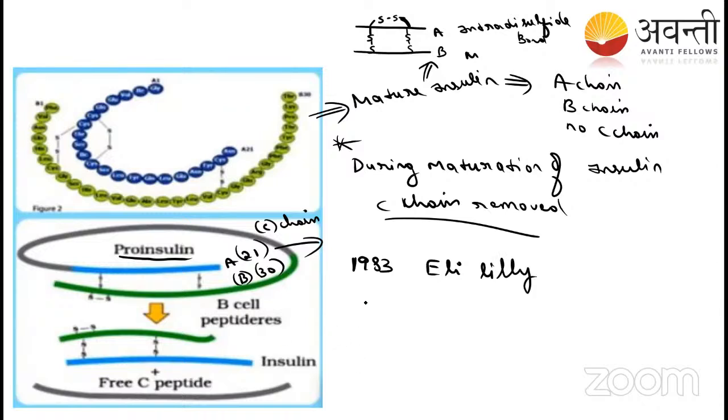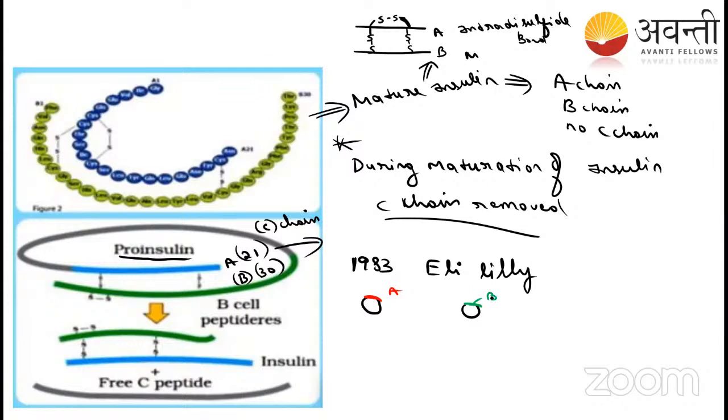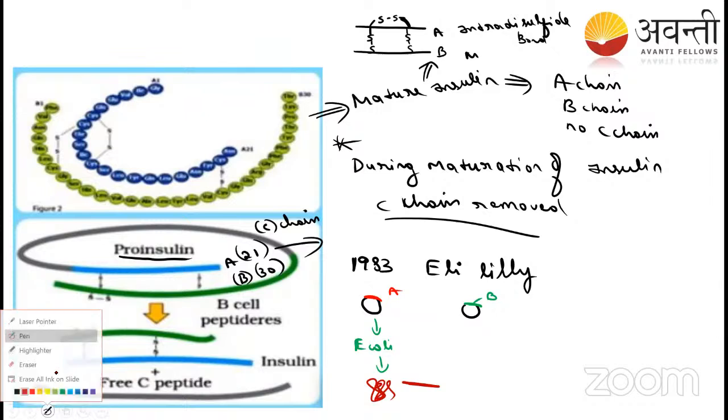What they did was insert the A chain in one vector and the B chain in another vector. Then they inserted them into E. coli bacteria. Now the A chain was synthesized.